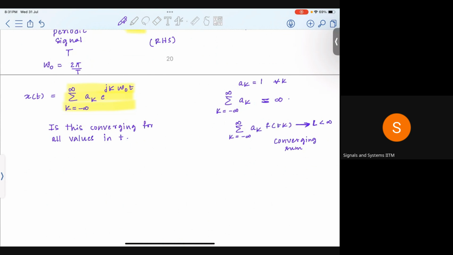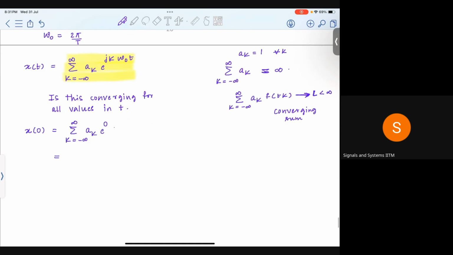As an example, when you take t as 0, x of 0 is simply the sum from minus infinity to infinity of ak, 0. So this is just the sum of ak's, right? Now the question is, does this sum converge to the value x of 0?